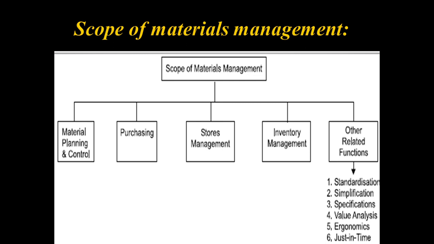Followed by this was the Japanese management philosophy, which attempted to gain total quality in business processes. Having seen all these, materials management gained significance and it incorporated various functions in the ambit of its scope.